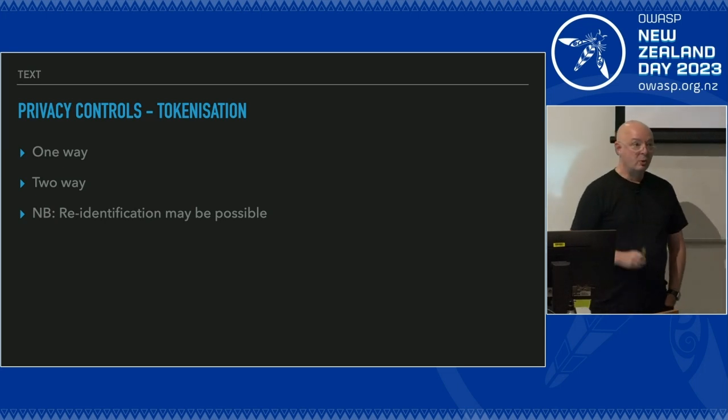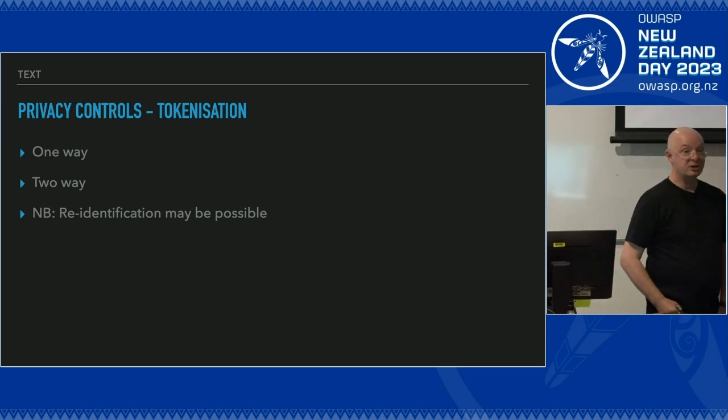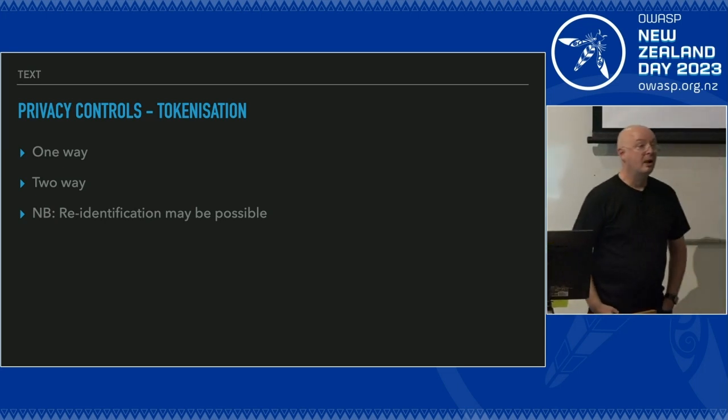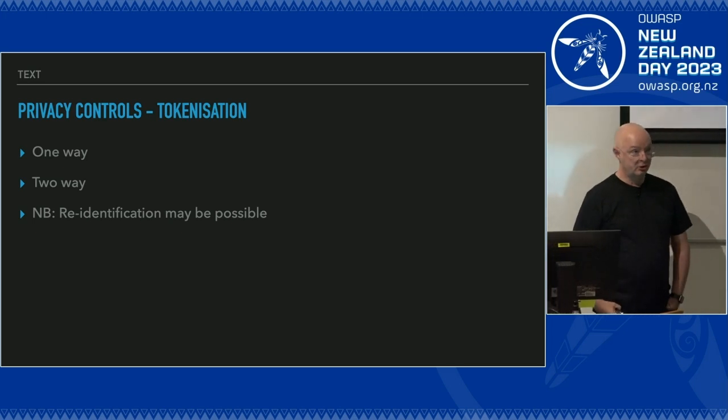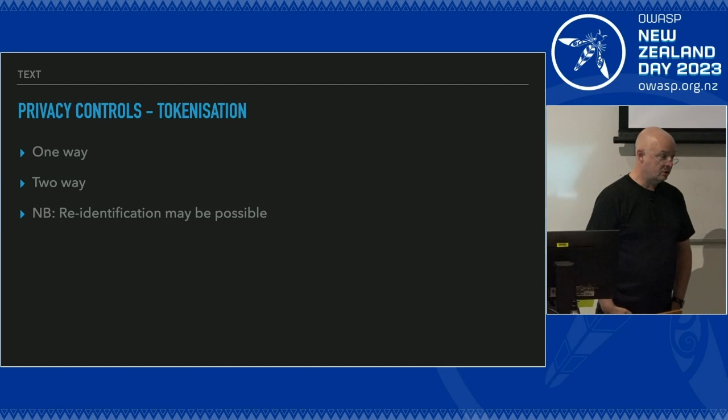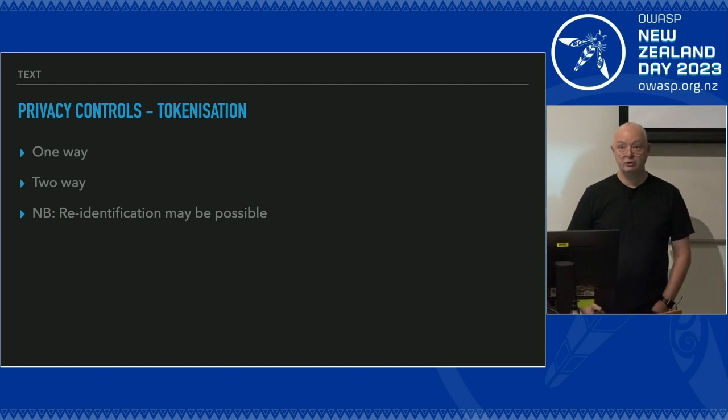Tokenization, that's a way of taking an ID, such as a license plate, and turning it into another ID, which is not the original. Sometimes you'll need one way, where perhaps if you're sharing that information with another organization, you don't need to reverse the tokenization. Often you'll need to reverse the tokenization.